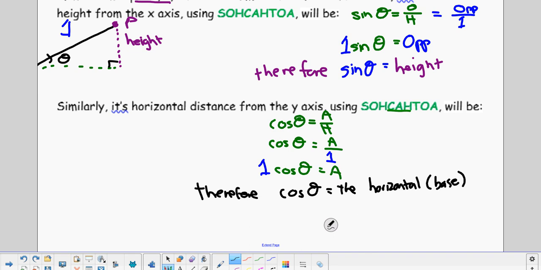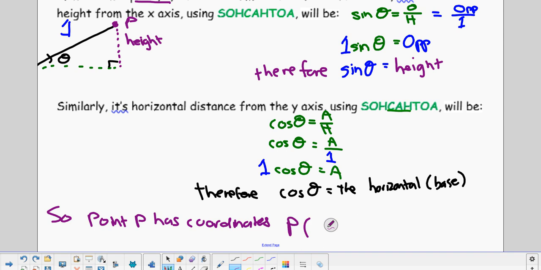So in a way you could say point P has coordinates P, and then its x coordinate, because you do x then y, would be cos theta. And its y coordinate would be sine theta.